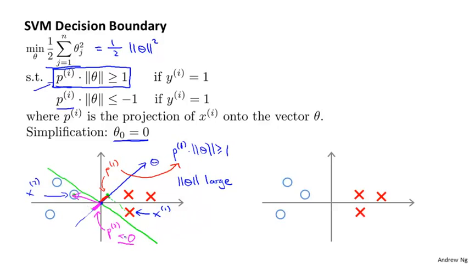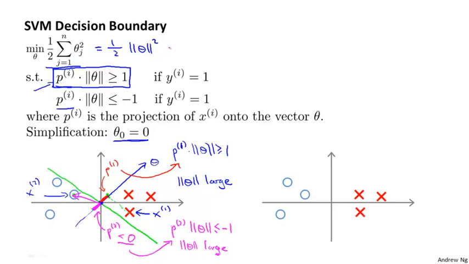And similarly, for our negative example, we need p2 times the norm of theta to be less than or equal to minus 1. And we saw in this example that p2 is going to be a pretty small negative number. And so the only way for that to happen as well is for the norm of theta to be large.